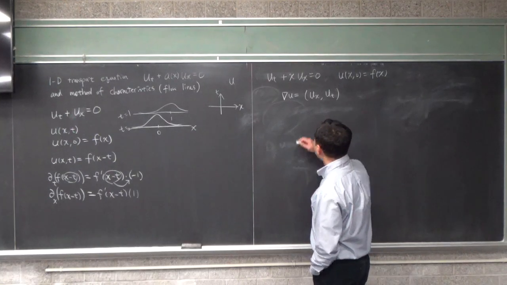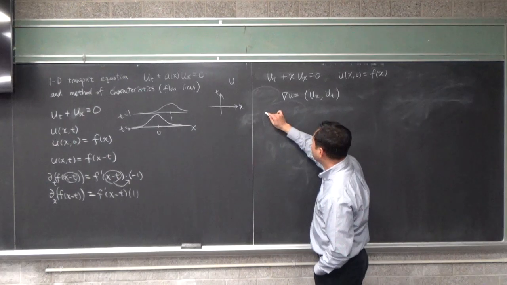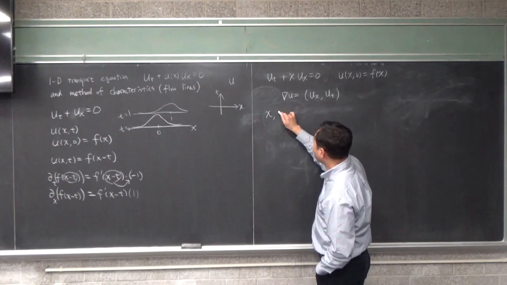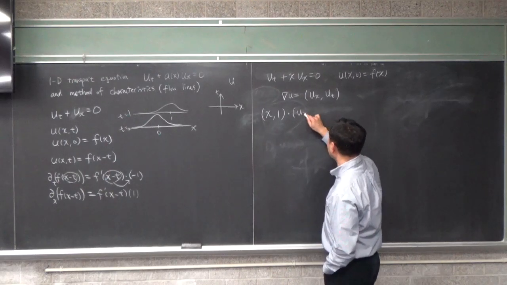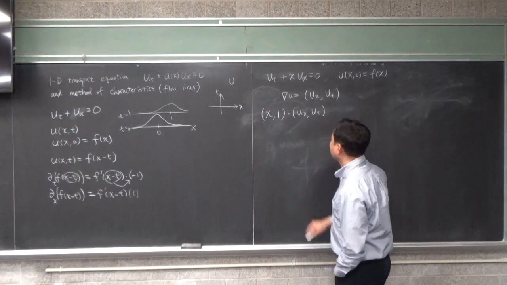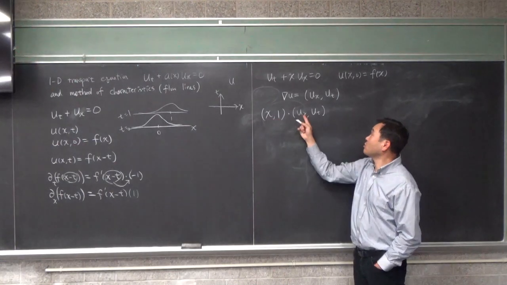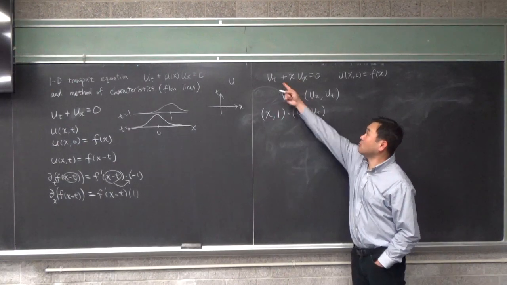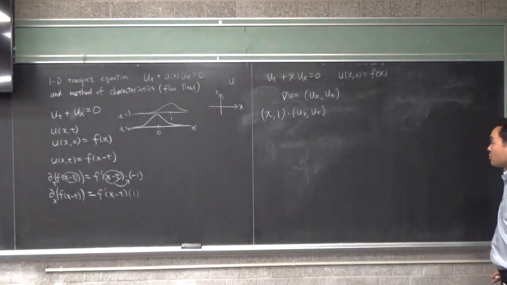Now, once you do that, you realize that this left side is exactly the same as if you were to take the inner product between (x, 1) dotted with (u_x, u_t). Right? Because x times u_x gives you that, 1 times u_t gives you that, and dot product is a component-wise multiplication, and then you add.